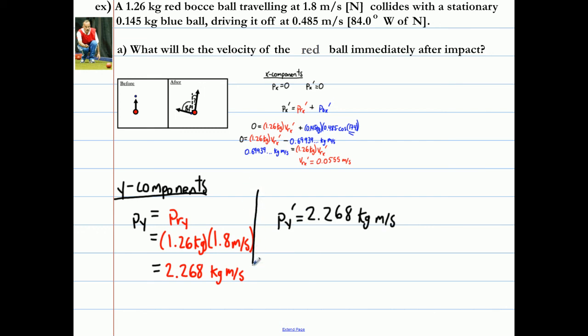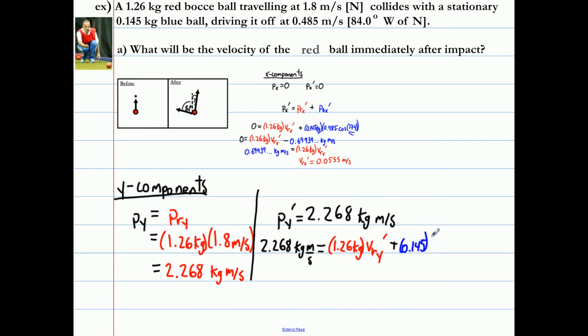So 2.268. Now it's just going to be split up between the red and the blue ball though. So 2.268 kilogram meter per second, same after as it was before because it's conserved. The momentum of the red ball after the collision, the mass doesn't change. We want to find out the speed of the red ball in the y direction after the collision. So that's that variable. And add the momentum of the blue ball after the collision. So we know that.